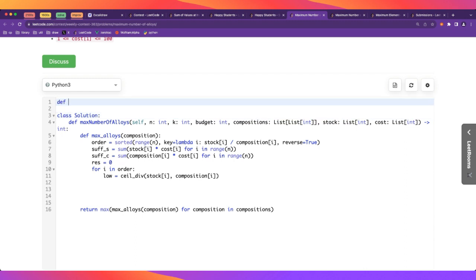Well, CL div of A and B is just A plus B minus 1 divided by B. So that's going to give us the division rounded up, the ceiling.